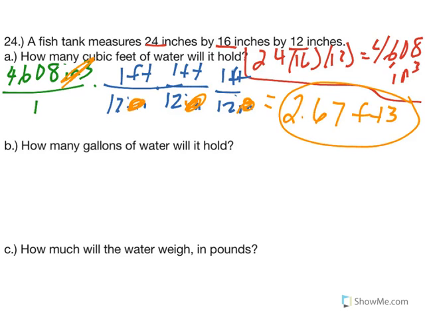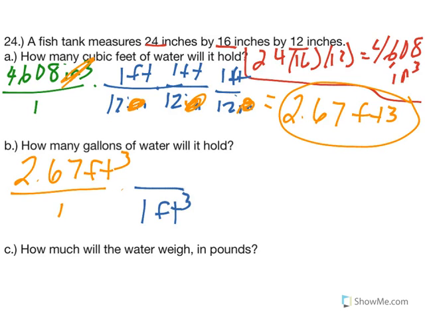Okay, so I rounded. Then, how many gallons will it hold? Well, I take my answer from part A because we can take cubic feet and change that to gallons because 1 cubic foot is 7.48 gallons. So, cubic foot disappears.